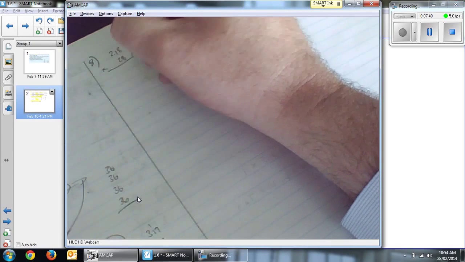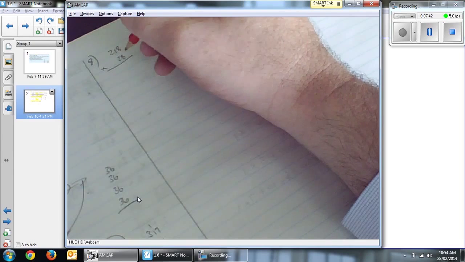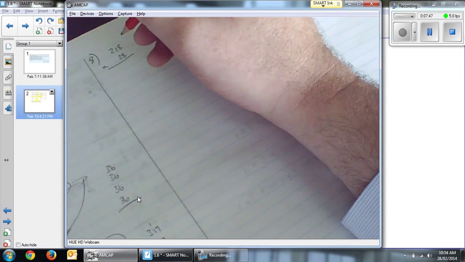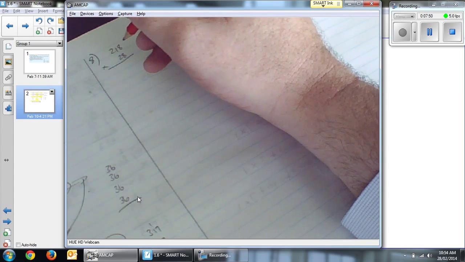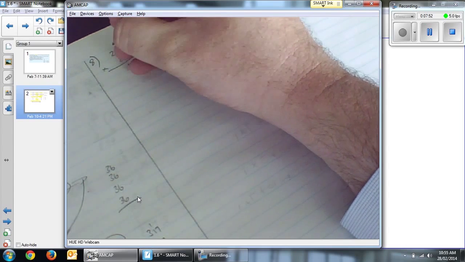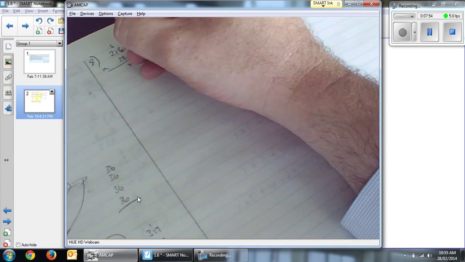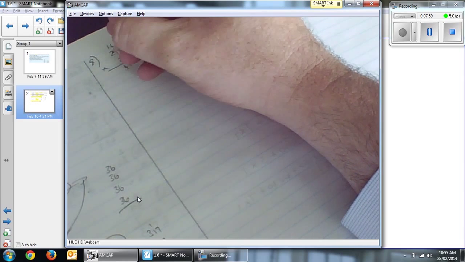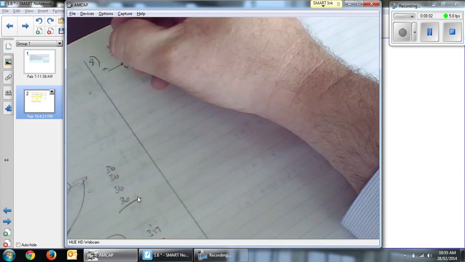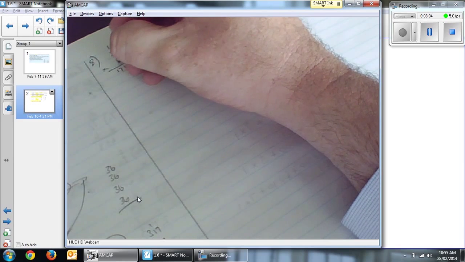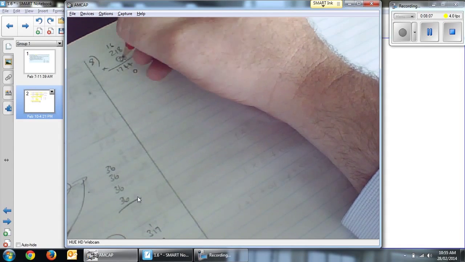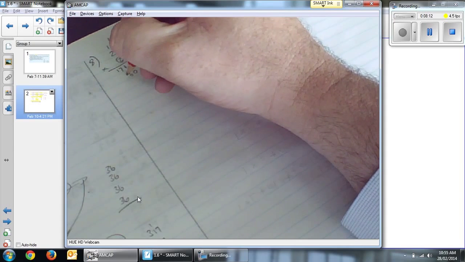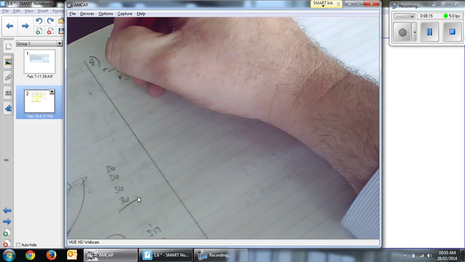Once again, because this isn't a 0 here, we need to use the actual algorithm to do our calculations. So 8 times 8, 64. 8 times 1 is 8, plus the 6 is 14. 2 times 8 is 16, plus the 1 is 17. Move to the tens, so we need to add in a 0. 2 times 8 is 16. 2 times 1 is 2, plus the 1 is 3. And 2 times 2 is 4.